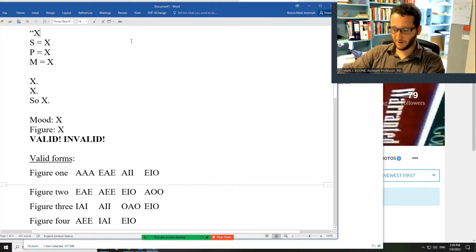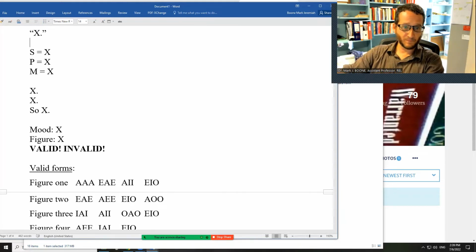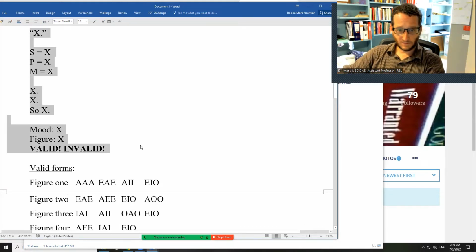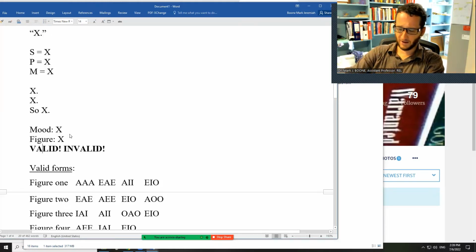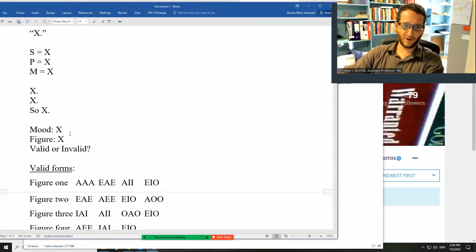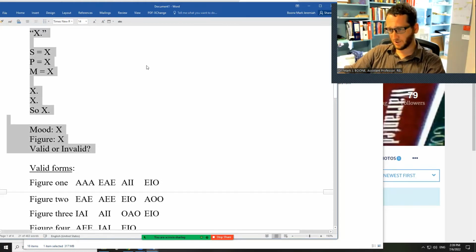So now here's the pattern I'm going to use. Actually, I don't know if I like that pattern. There we go. I like that pattern. Here's the pattern I'm going to use for tackling my next syllogism.